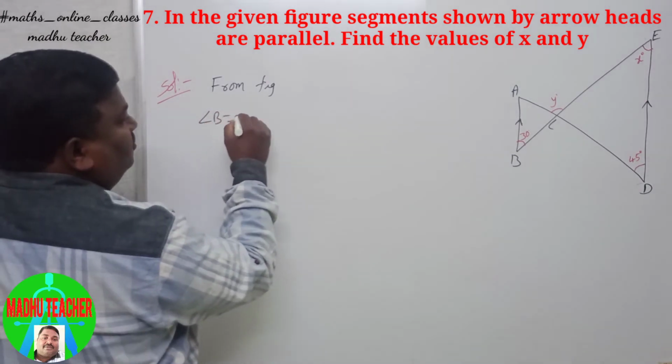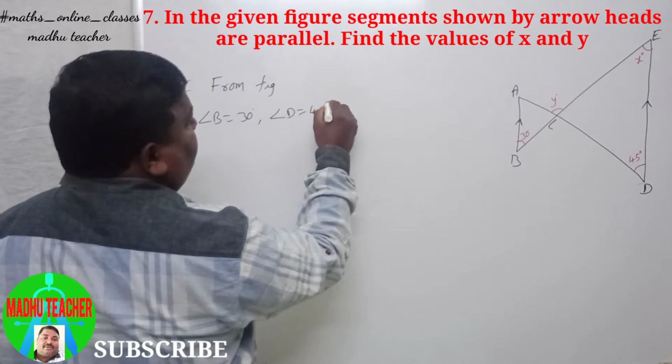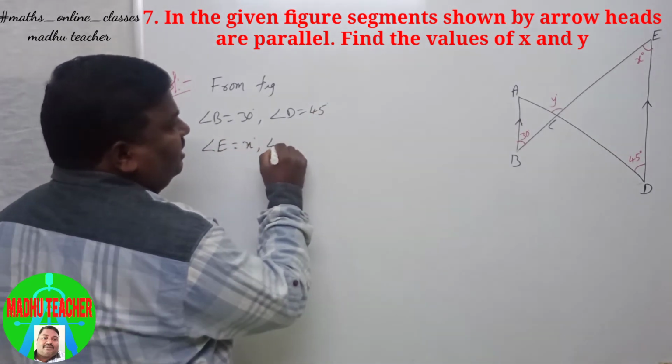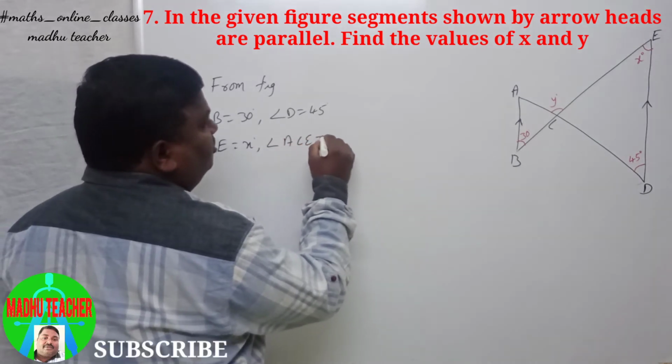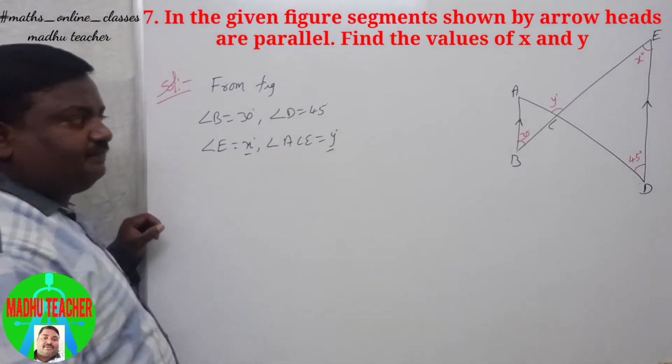Angle B equals 30 degrees, angle D equals 45 degrees, angle E equals x degrees, angle ACE equals y degrees. These two we have to find.